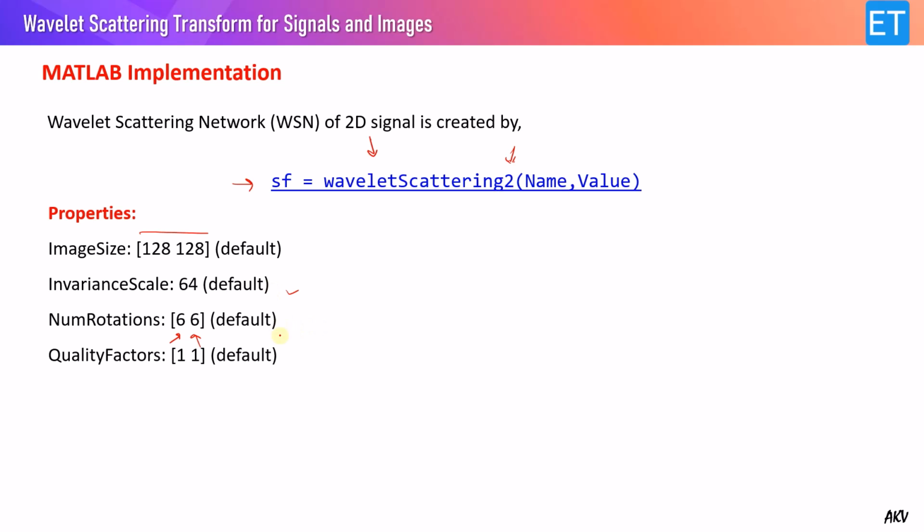The quality factor is 1, as I have said, because computation for images is very complicated. So we have reduced the number of wavelets for the convolution. We are taking just 1 wavelet per octave for both the first and second convolution levels. We can also change it.